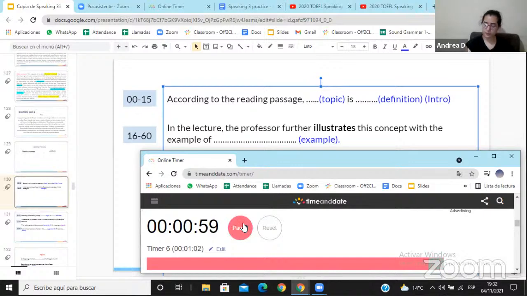According to the reading passage, behavior modification is the act when individuals modify their behavior based on the consequences of their actions.